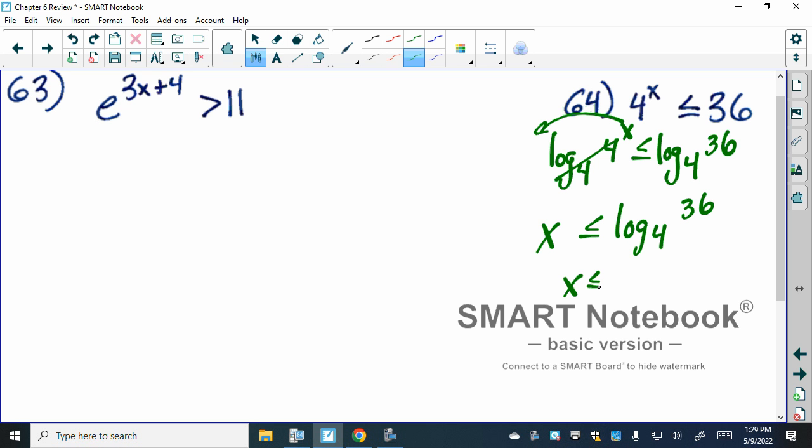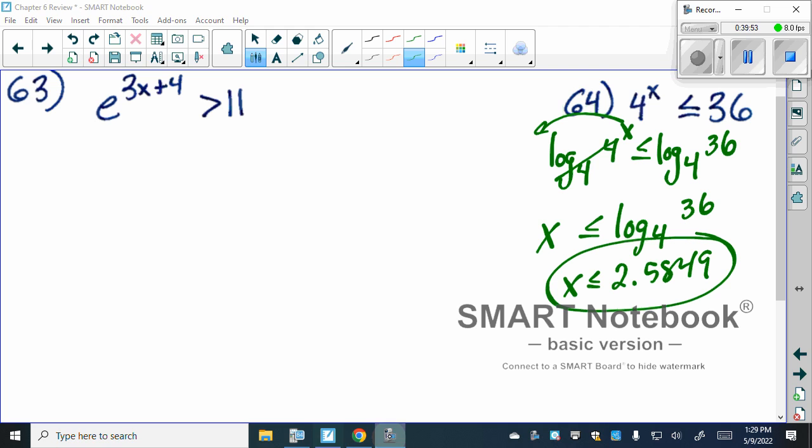And if we type that into the calculator, we get 2.5849. Now this here is the final answer, even though we do have less than, because it's in the exponent, it's still true. We don't need to add the restriction. So that's all we're doing.